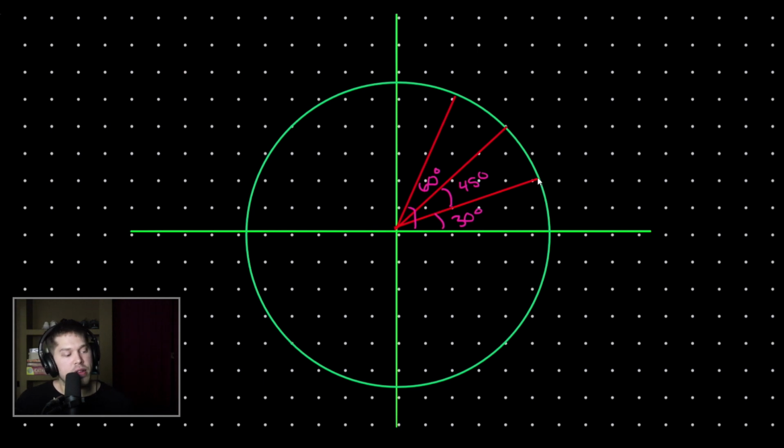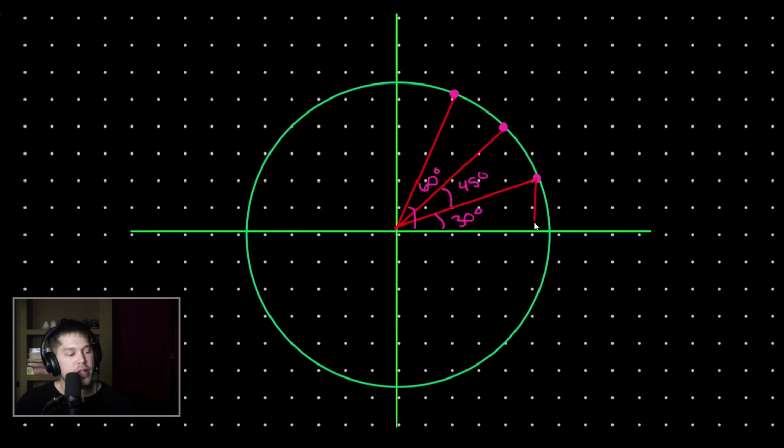So again, these all represent coordinates on our unit circle, and the coordinates for these points are our cosine and our sine values respectively. So let's zoom in on firstly this 30-degree angle.